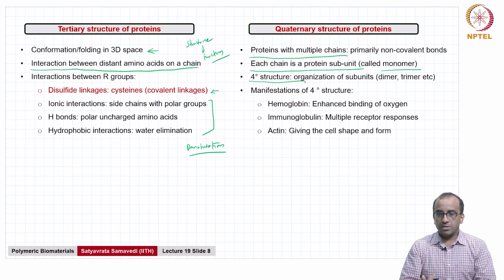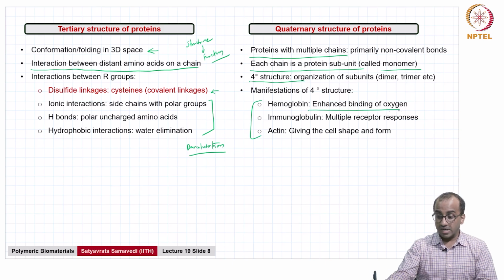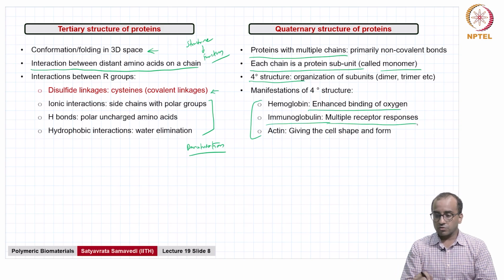Some manifestations of that include hemoglobin, where the quaternary structure aids enhanced binding of oxygen; immunoglobulin, where multiple receptor responses are aided by the quaternary structure; and actin, where again the quaternary structure helps give the cell shape and form.